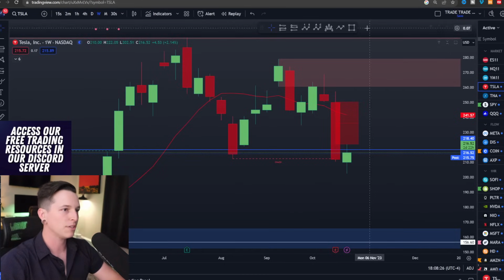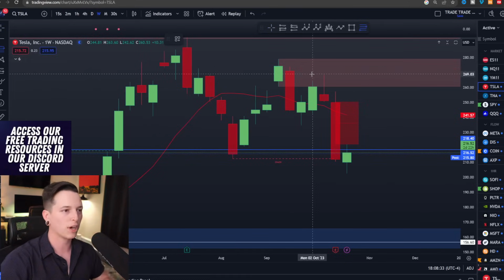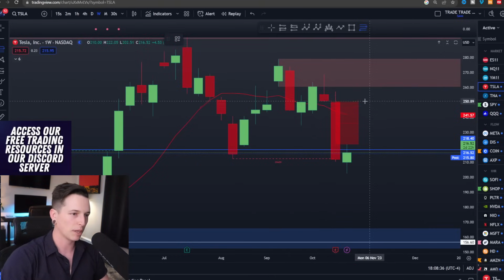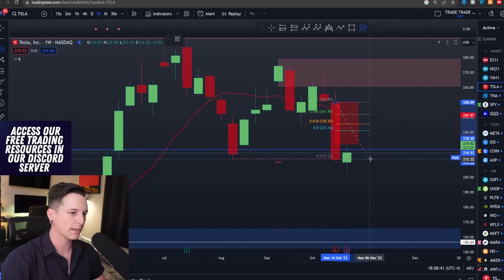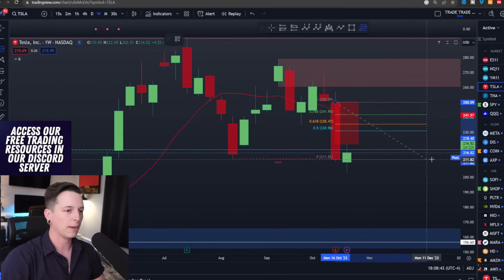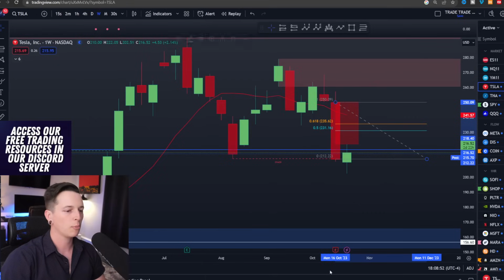The other thing that it would do is if we take our Fibonacci retracement tool, which is one of my favorite tools to use, I usually only care about the 0.5 and the 0.618, which we'll talk about in a moment. We can take that on last week's candle from swing high, bring it down to swing low, and pull it out. Like I said, the only ones I really care about are the 0, the 0.5, and the 0.618. Sometimes I'll throw in the 0.786, but we really don't need it.